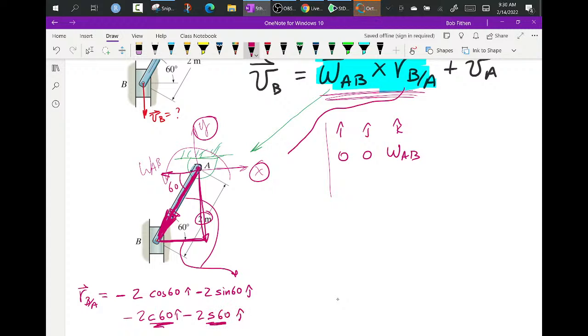And I might do that for a second. So if I do that, the first thing is I need to move that over, and move this over. Let's all say minus 2 cosine 60 and minus 2 sine 60 and 0.